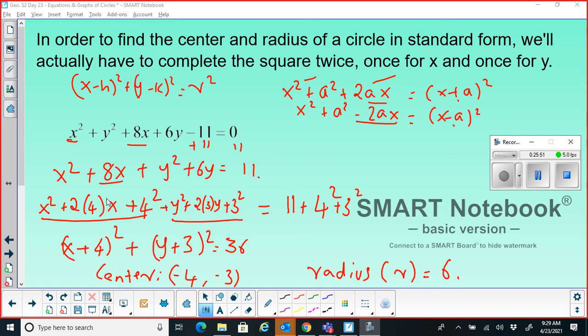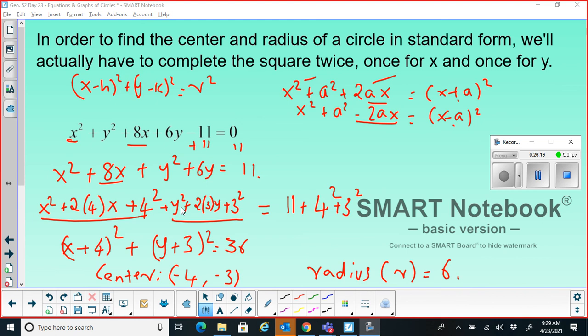So I'll have here 8x split as 2 times 4x. I'm trying to get the form x plus a whole square. It's in the form x square plus 2ax where a is 4. I'm missing a 4 square here, so I will add 4 square. If I add 4 square on the left side, I will also have to add 4 square on the right side.